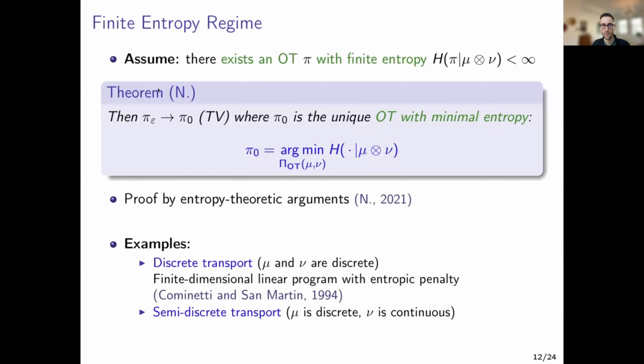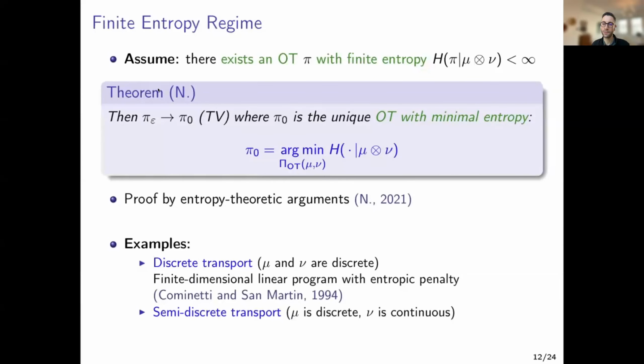In the discrete example, if mu is concentrated in two points in R2 along a vertical line, and nu is two points along a horizontal line, in such a way that any coupling is optimal, this is one up, one down, this is one left, one right.